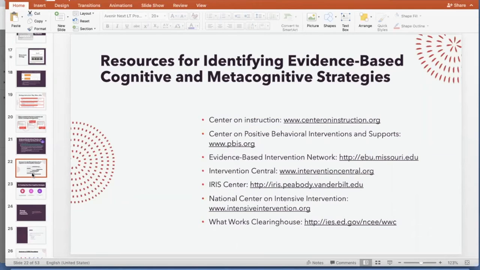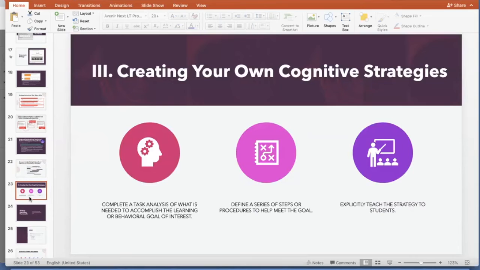What we're going to spend a lot of the rest of the presentation on is creating your own strategies. So if you can't quite find the strategy that you need for a specific child or a specific situation, we're going to talk about creating your own. There are three main steps in creating your own strategies and providing your own strategy instruction.